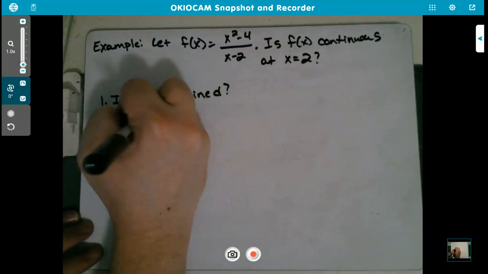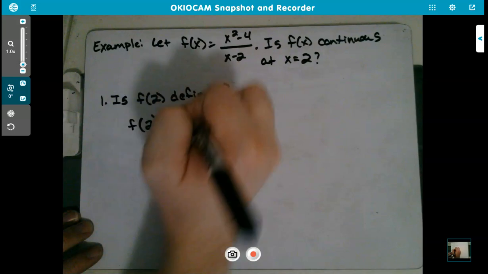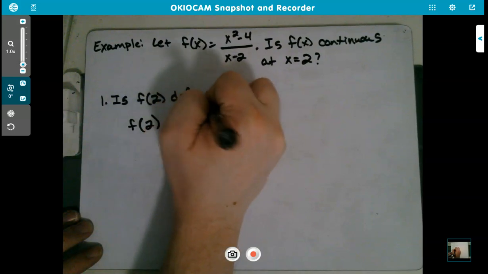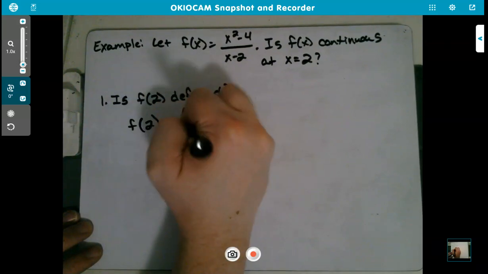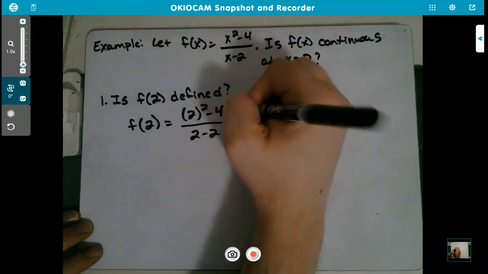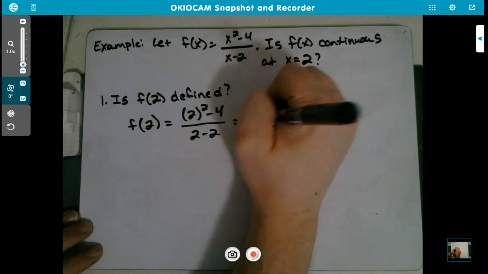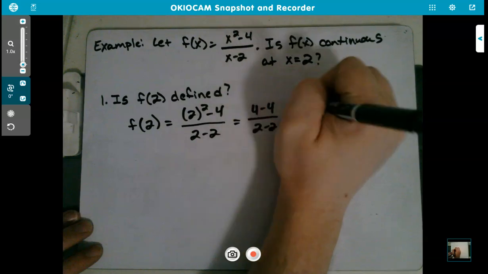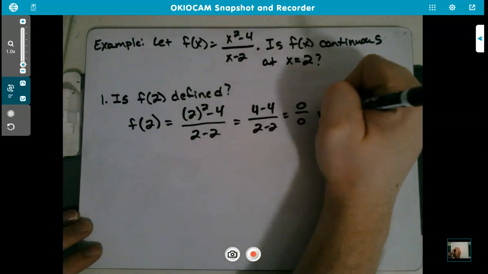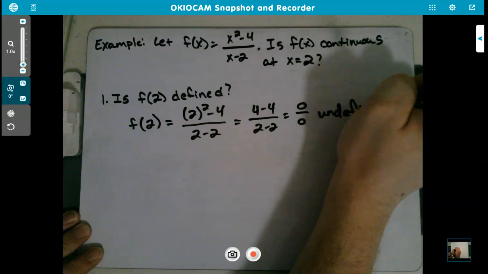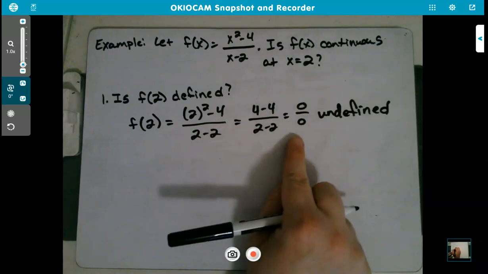Let's see what happens if I try that. F of 2 would be equal to 2 squared minus 4 over 2 minus 2. 2 squared is 4, so that's 4 minus 4 over 2 minus 2, which is 0 over 0, which is undefined because you cannot divide by 0.